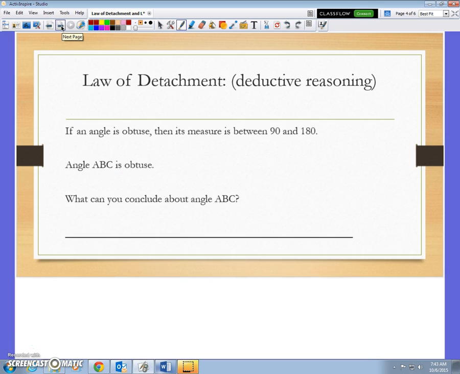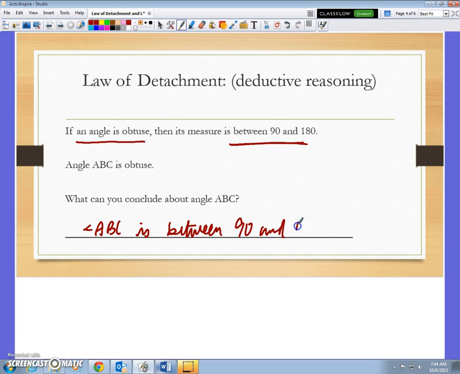If an angle is obtuse, then its measure is between 90 and 180 degrees. If angle ABC is obtuse, then what we can conclude about angle ABC is that it is between 90 and 180 degrees.